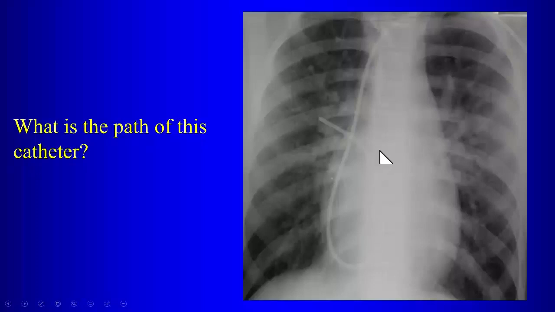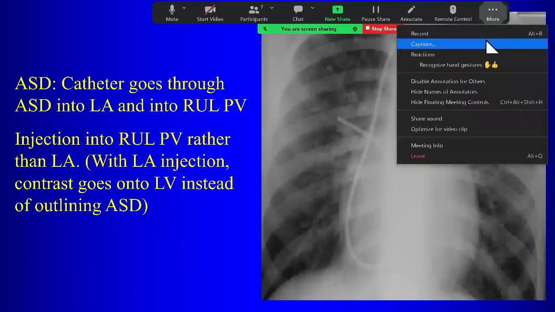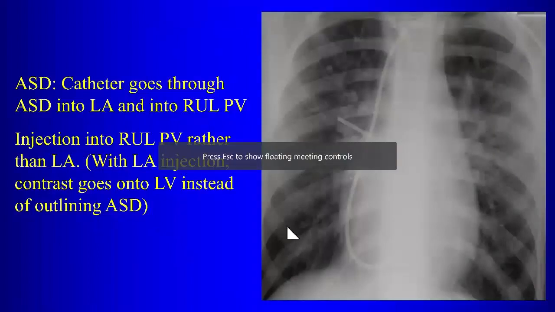The catheter can cross into the left atrium through an ASD or patent foramen ovale, and then the tip can wind up in, you said, Sam? Right upper lobe pulmonary vein. Yeah, here it's in the right upper lobe pulmonary vein, okay? So that's how you get a catheter like that to wind up in a pulmonary vein, all right? So the catheter goes through an ASD or patent foramen ovale into the left atrium, right upper lobe pulmonary vein.